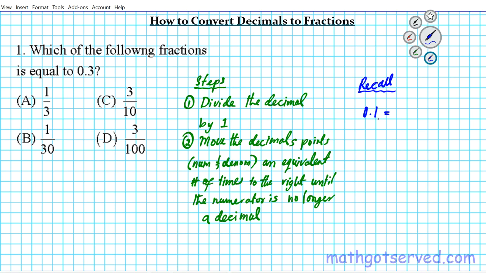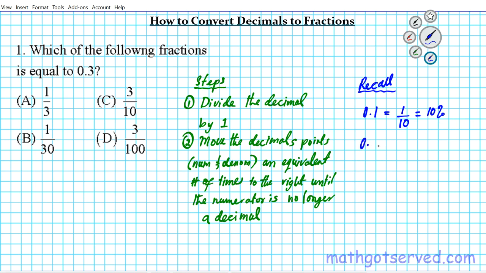To convert this into a non-decimal, we move the decimal point to the right one place, so it's going to be 1 over 10. If you want to write this as a percent, it's the same thing as 10%. 0.1, 1 over 10, and 10% are all exactly the same thing.